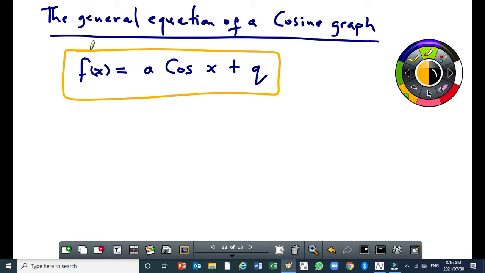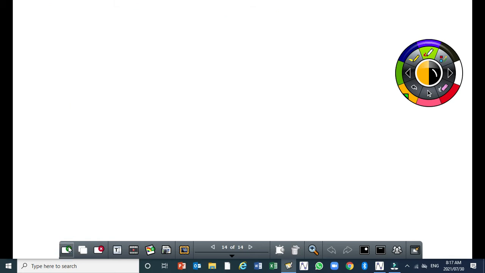So let me move on to an example on horizontal shift, because I've already explained what Q is. Okay. Horizontal shift. Sorry, vertical shift. Right. So I'm also teaching trigonometry to grade 11. So just bear with me if I say horizontal. It's supposed to be vertical shift.